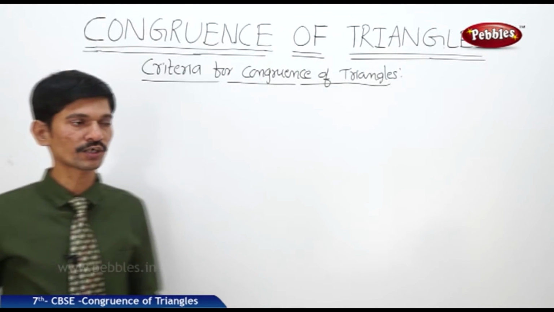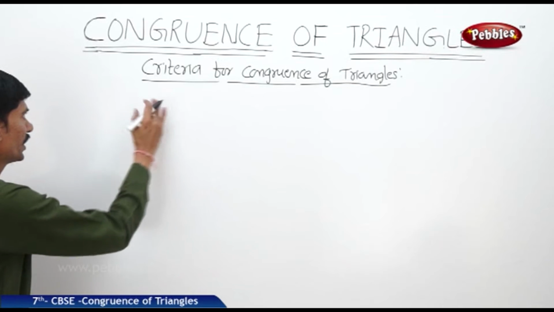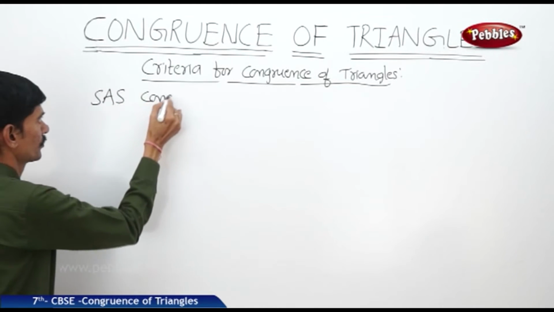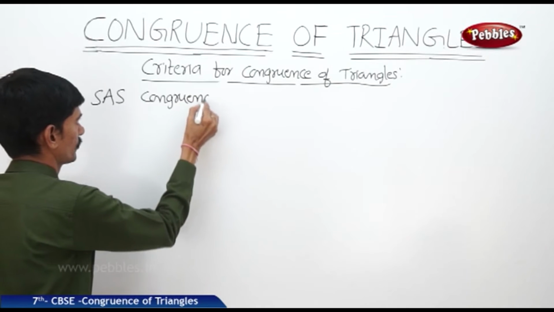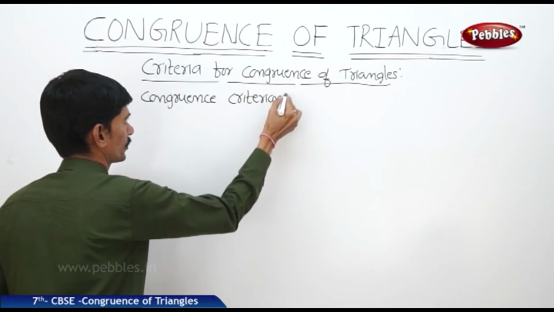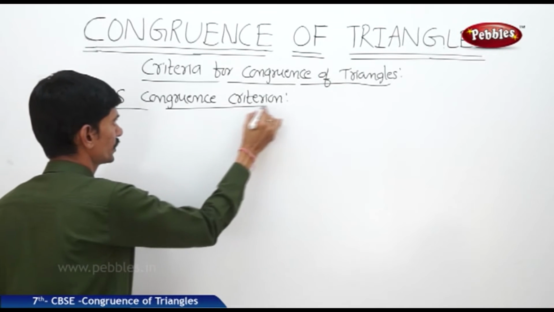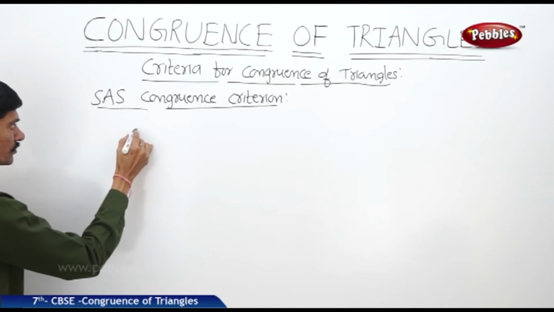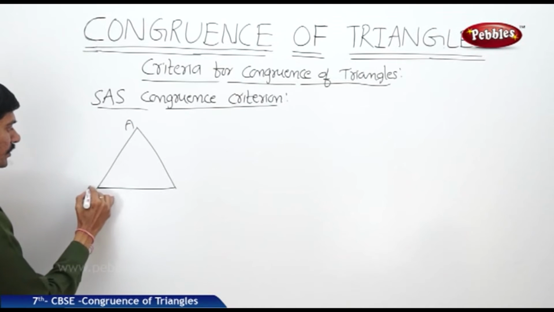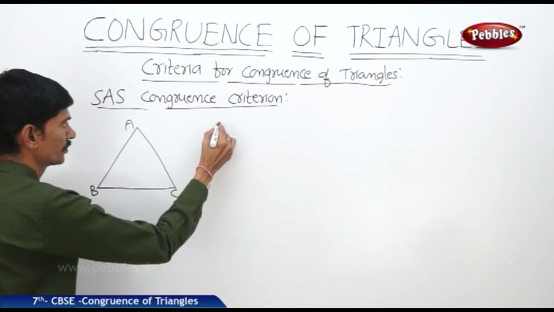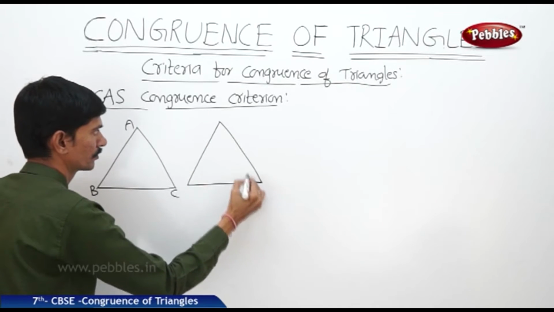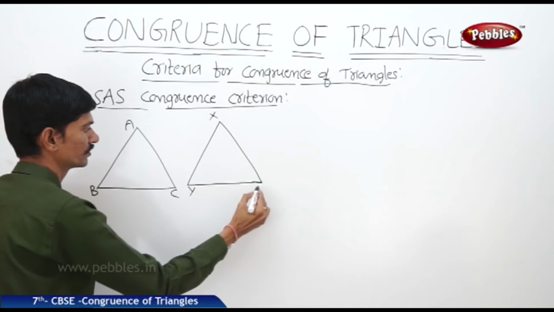Now let us see the next congruence criterion, that is the side angle side congruence criterion, SAS congruence criterion. Here also let us take two triangles, ABC and the other triangle XYZ.